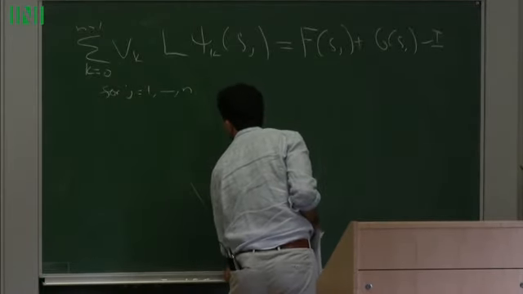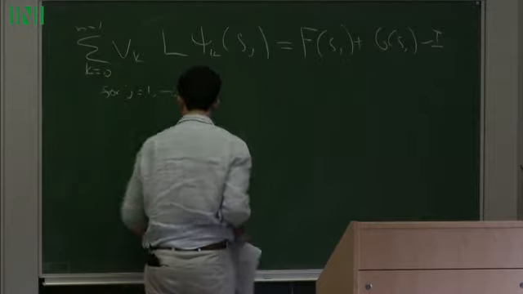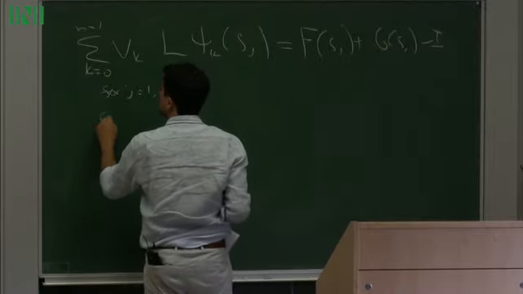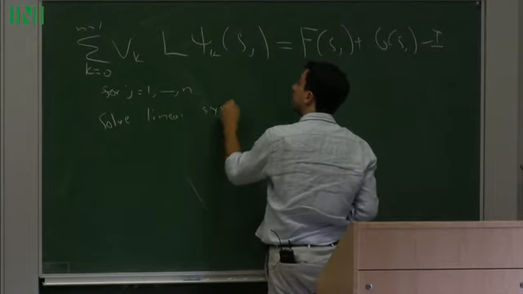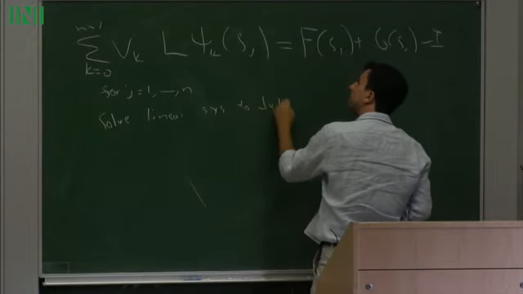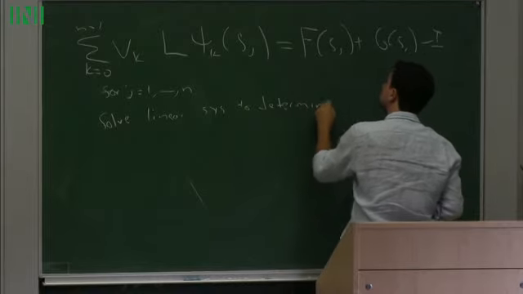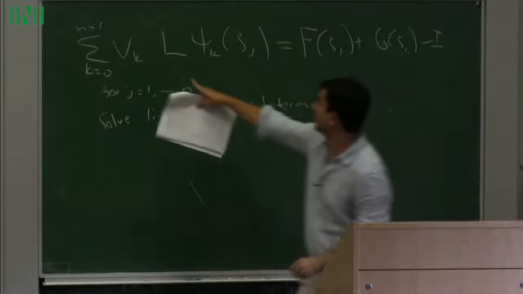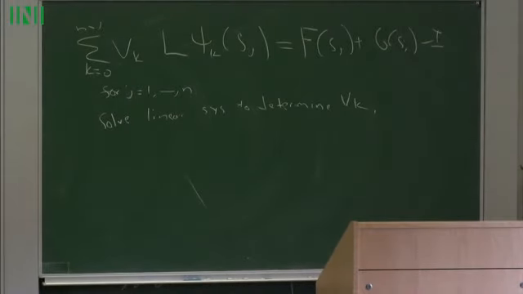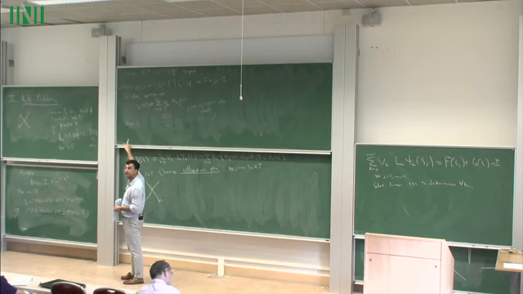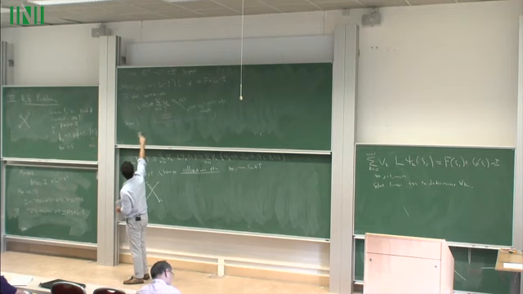Okay, so we solve a linear system to determine the constants Vk. Once we have Vk, they tell us our approximation to V. We know how to evaluate the Cauchy transform of Vn exactly.